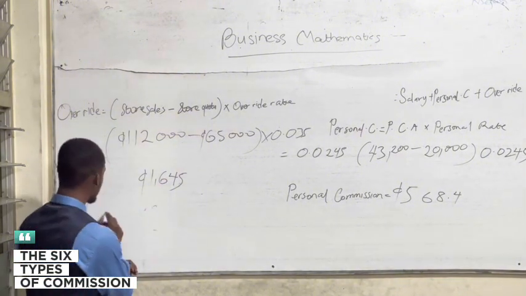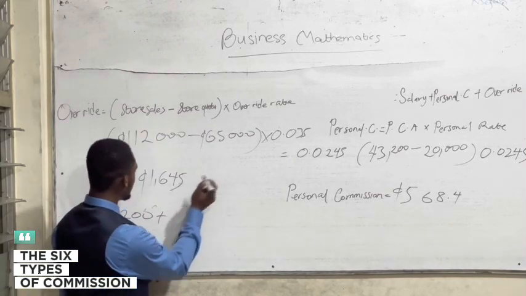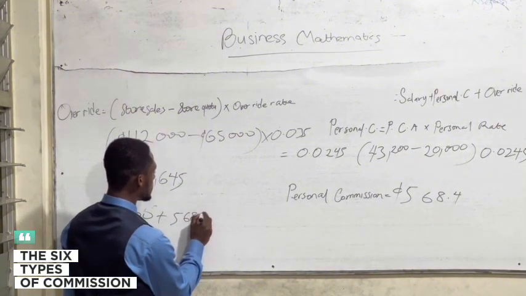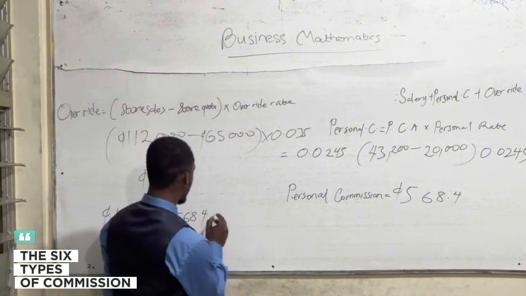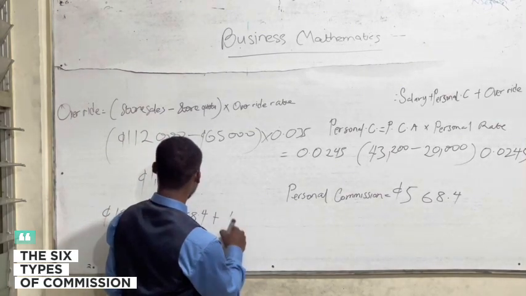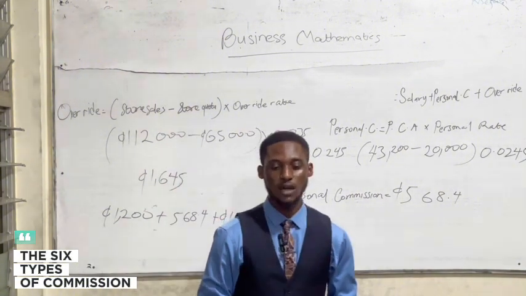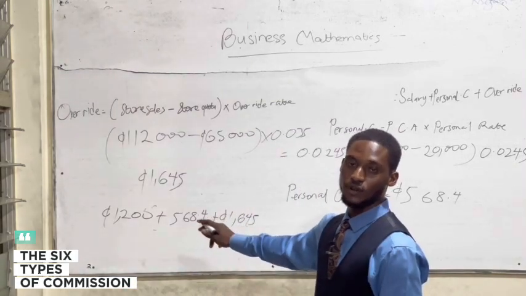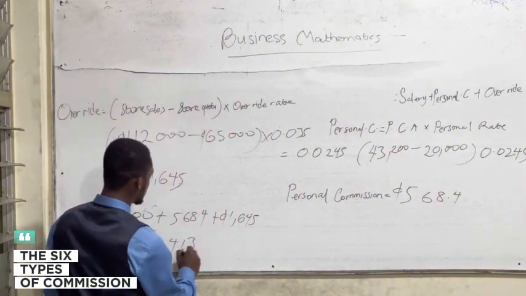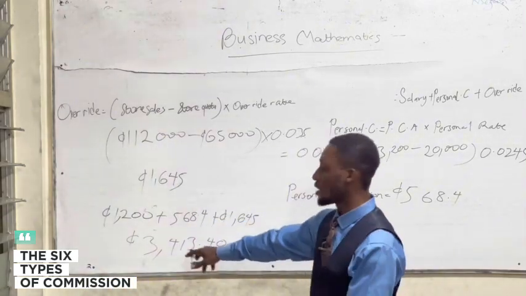Starting with our monthly salary, which is 1,200, plus our personal commission, which is 568 cedis 0.4, plus our override, which is 1,645 cedis. When we sum this up, we get 3,413.40 Ghana cedis. And this is our total earning.